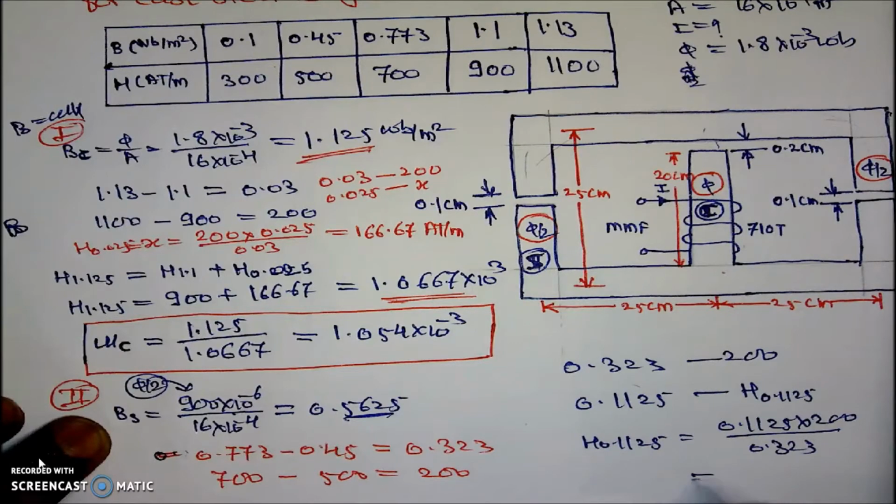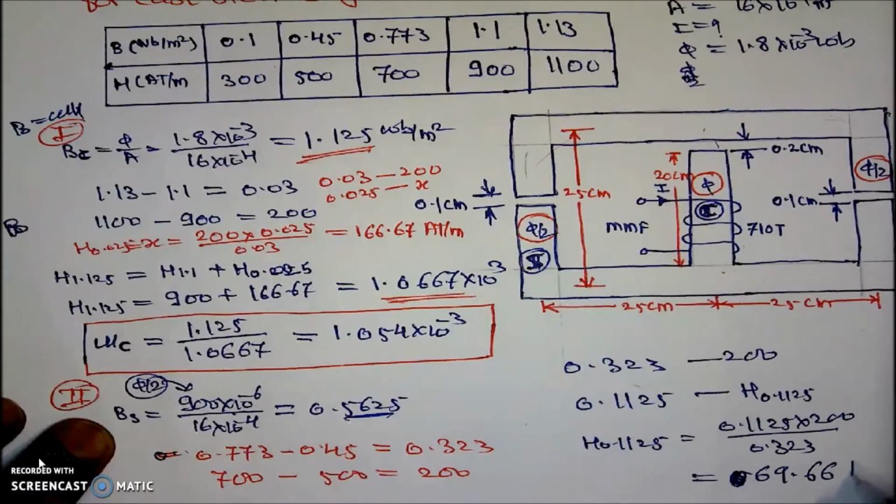If I work out this calculation, this value is 69.66 ampere turns per meter.